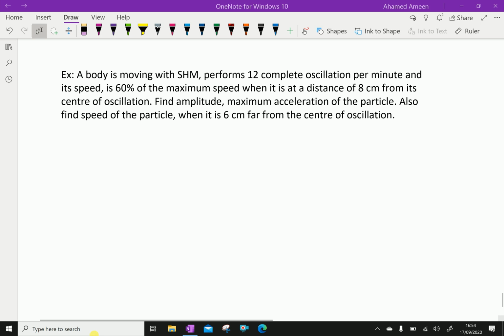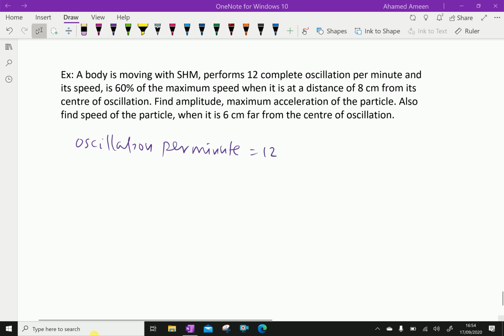Here, the given oscillations per minute equal 12, and displacement y equals 8 centimeter.